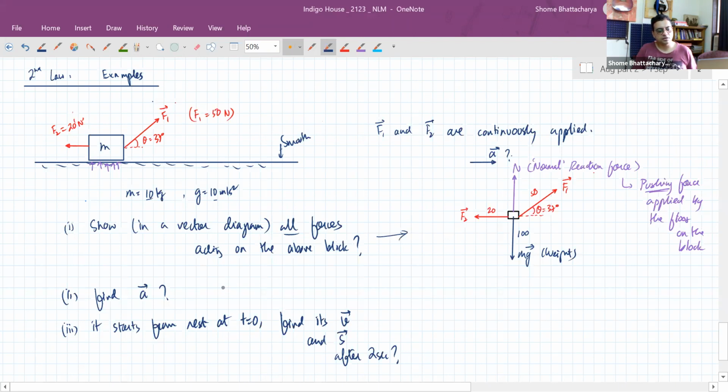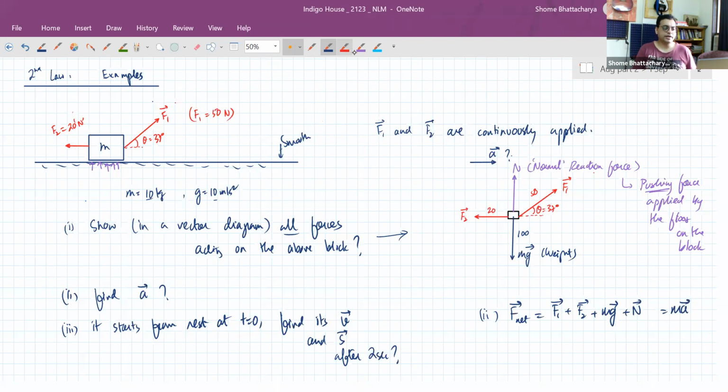Now for the second part, what I need to do is calculate the net force. So I'm doing it from the very basics over here. Net force is the vector sum of F1, F2, gravitational force and normal reaction. And that net force will become equal to mass into acceleration. So to be able to do this vector algebra, I'll need to write the forces in component form.